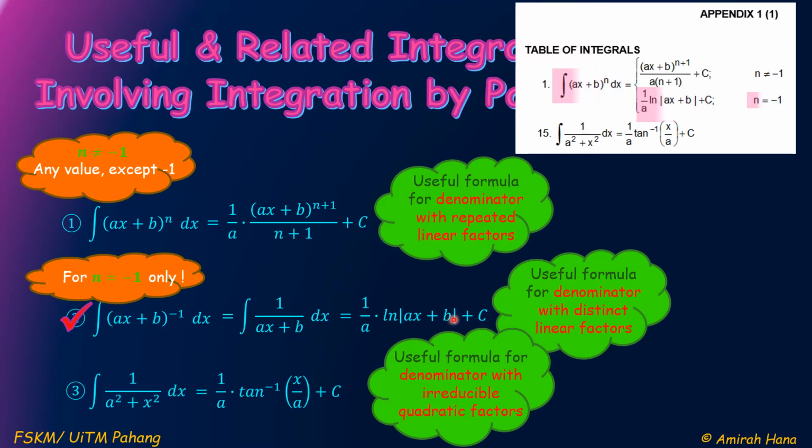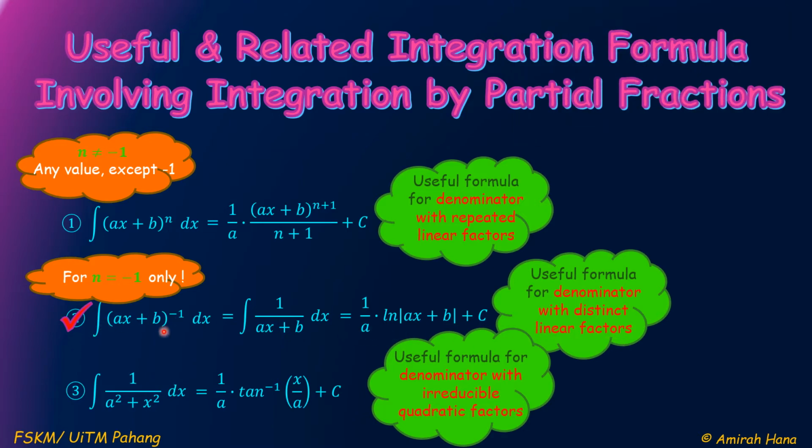This is a useful formula for denominators with distinct linear factors in partial fractions. A bracket to the power of -1, we can also write as 1 over the function in the bracket, using the properties of indices.